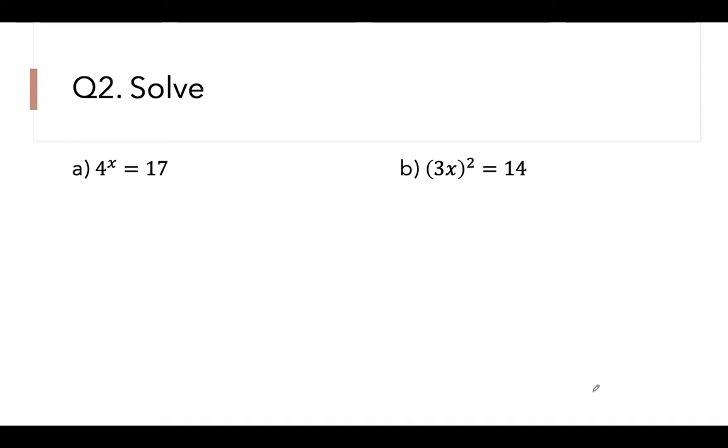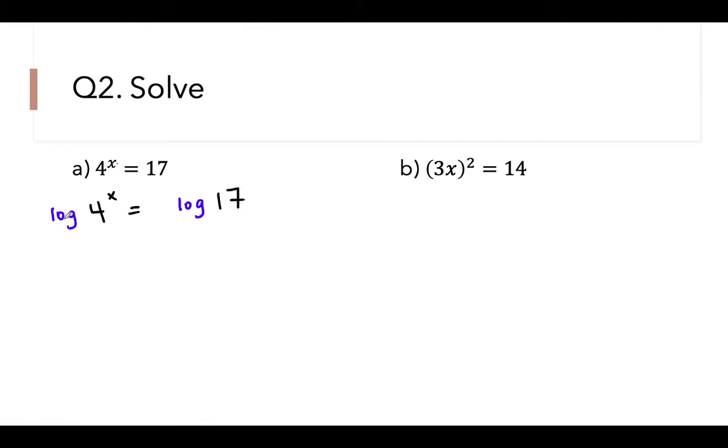Question 2, so we're solving 4 to the x is equal to 17. And you will notice that unfortunately 17, you can't make it as a base of 4. It's an odd number with an even number. So if you cannot make it the same base, then you're going to take the logarithm to both sides. So I'll be taking log of 4 to the x is equal to log 17.